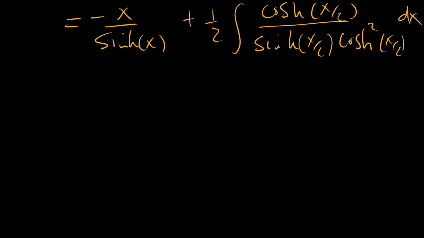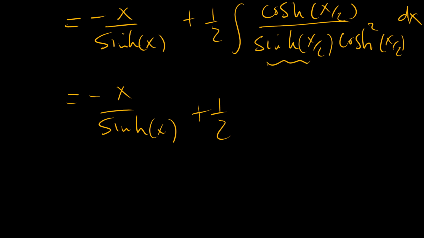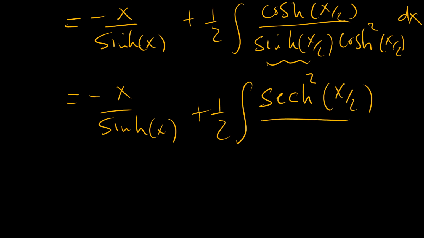Now what we see here is a hyperbolic tangent in the denominator. Essentially what we have here is hyperbolic secant squared of x over 2 over hyperbolic tangent of x over 2.